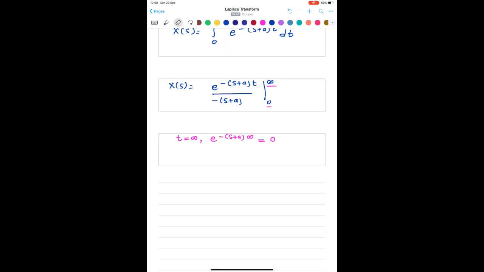And this will be equals to 0 only if s plus a is greater than 0.